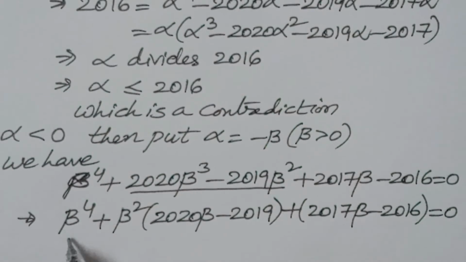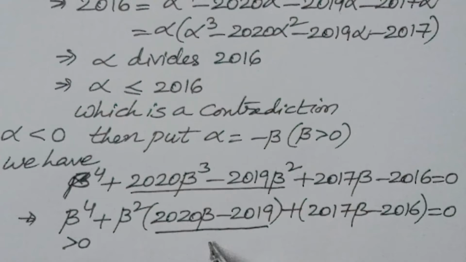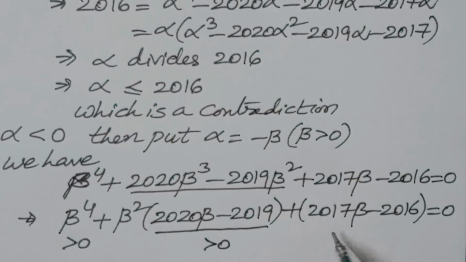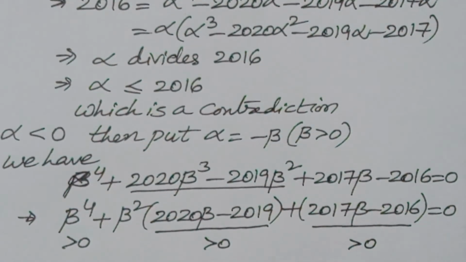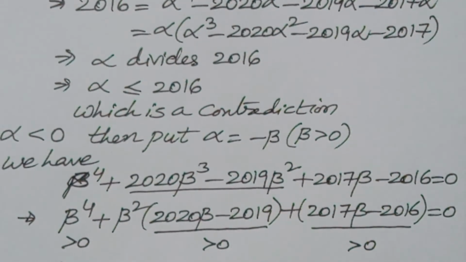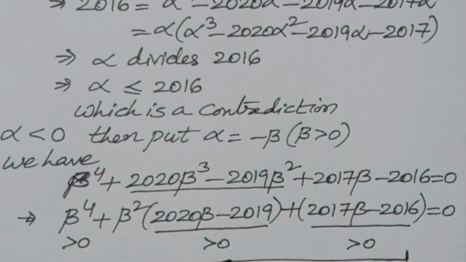If you observe, beta square is greater than 0, this value is also greater than 0 and this value is also greater than 0. So the total value is greater than 0.